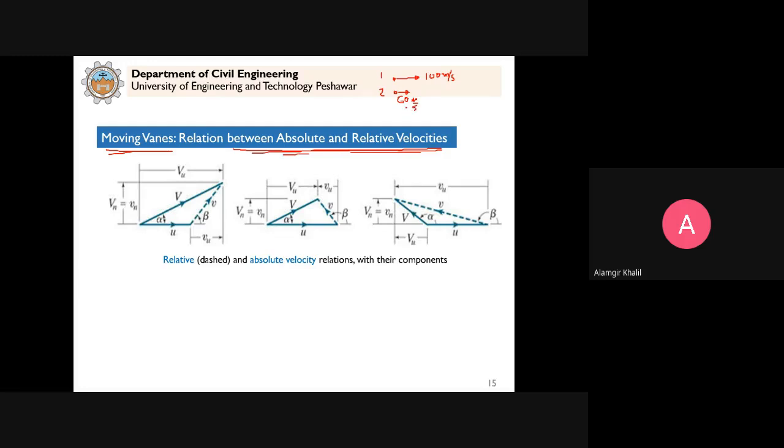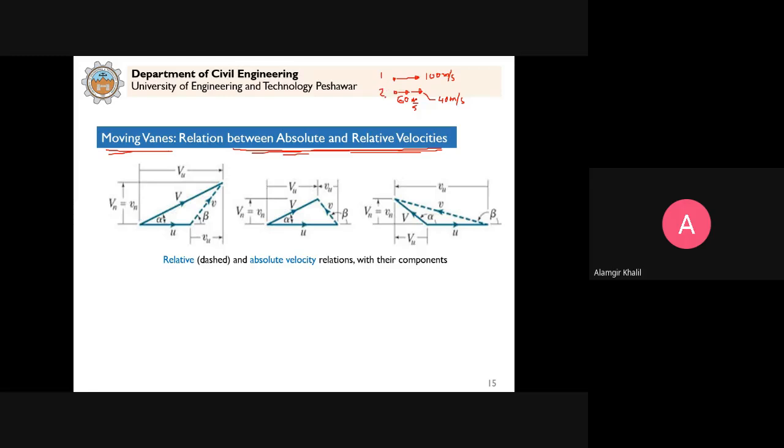Clear? Now you can see what the relative velocity between these two bodies is. The relative velocity will be the difference of the two, that will be 40 meters per second. So the relative velocity of the first body with respect to the second body is 40 meters per second. Clear?